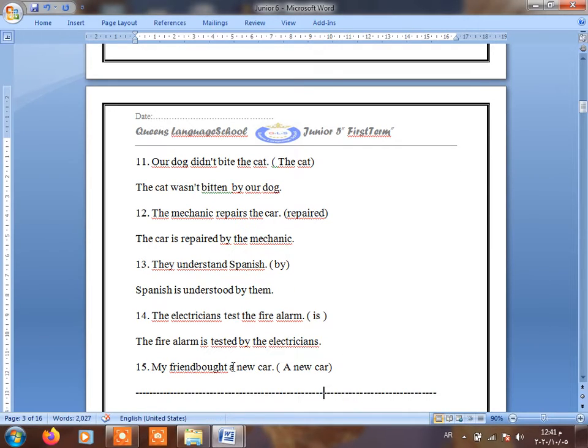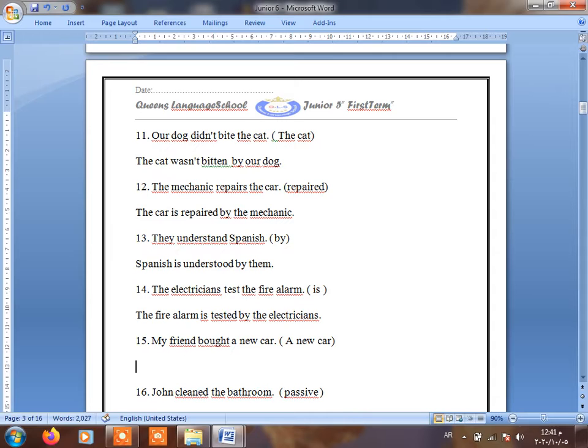Okay. My friend bought a new car. This sentence is in the past simple. So I am asked here to start the sentence with a new car, which is the object. So a new car was bought by my friend.